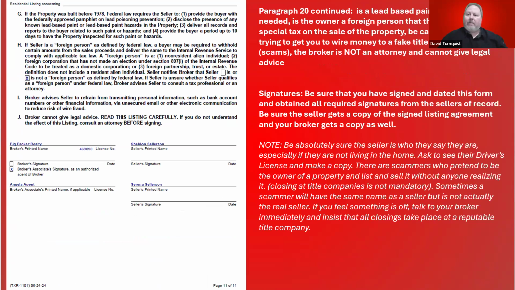Paragraph 21H, if the seller is a foreign person and they own the property, there are specific IRS codes that address that. I don't work for the IRS, but I do need to make sure that this seller understands, hey, you're going to get an extra tax because you are a foreigner selling property in the United States.